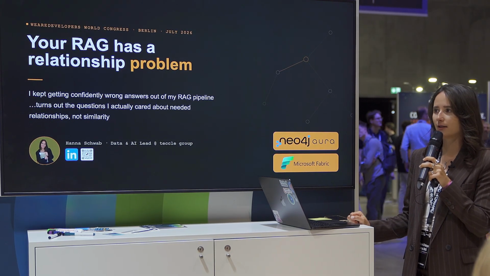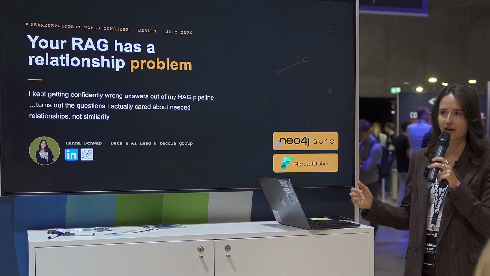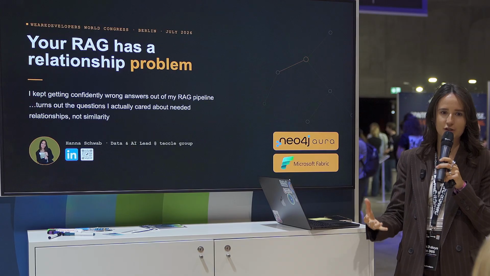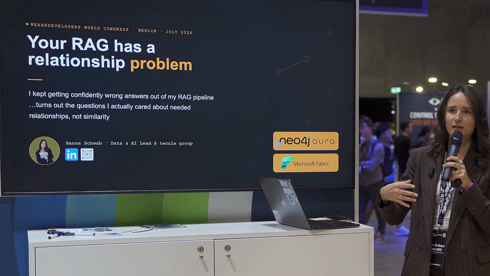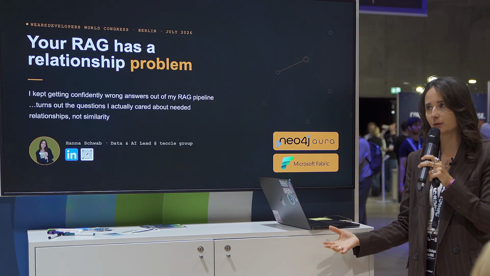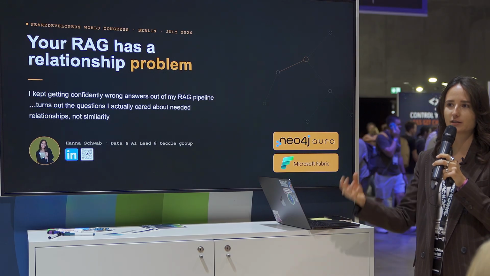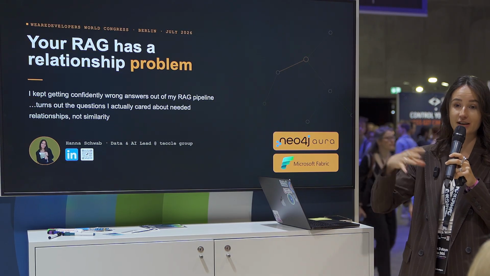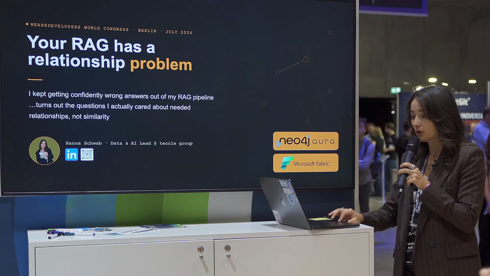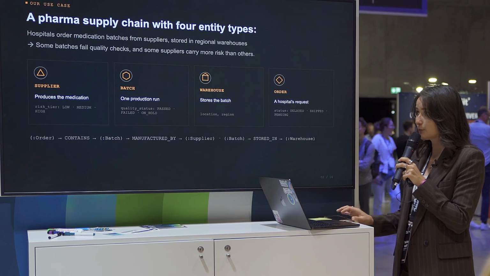This is a very high-risk environment where we have to answer complex questions that don't answer themselves by just writing a single query somewhere. Mostly you need multiple hops and multiple relationships to answer questions. So this is what we want to explore today.